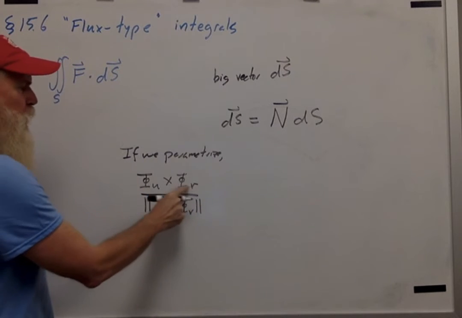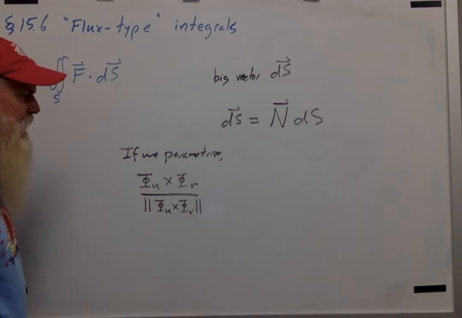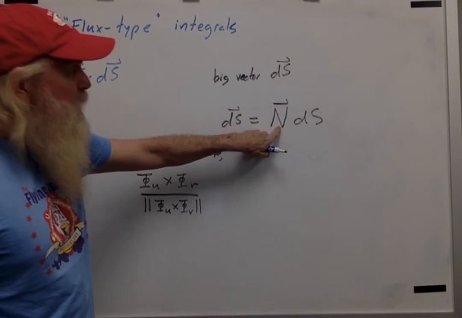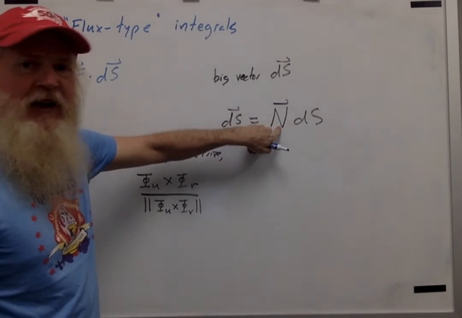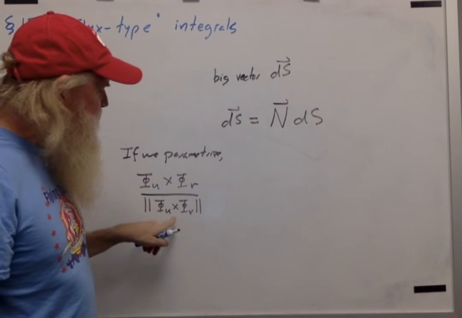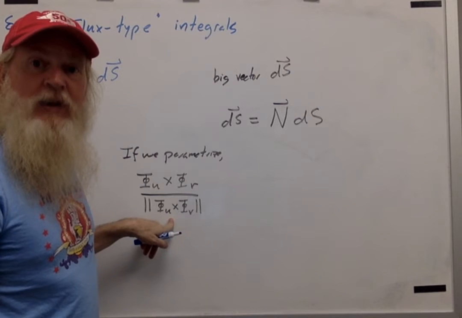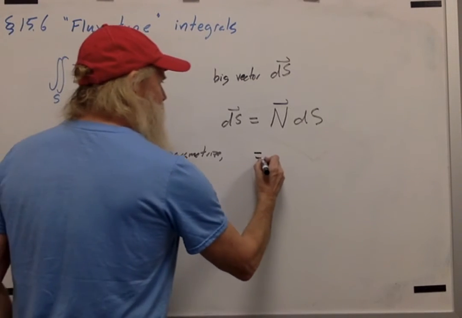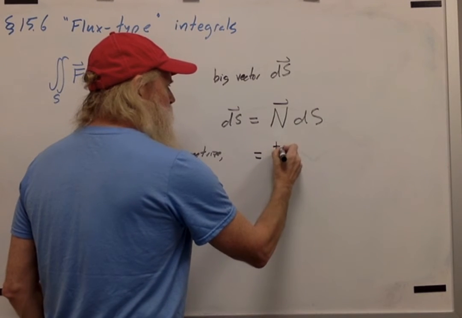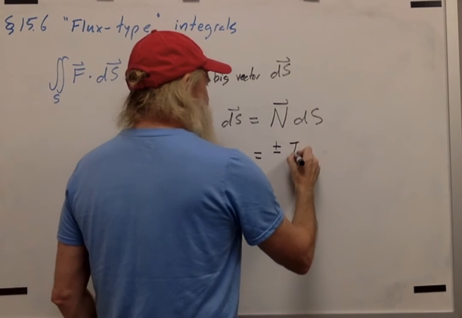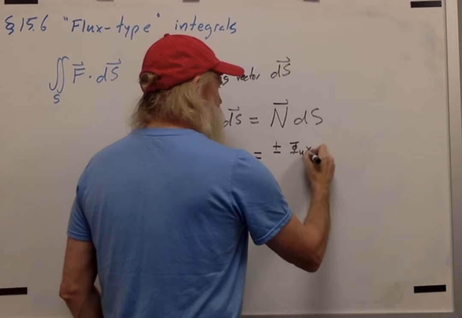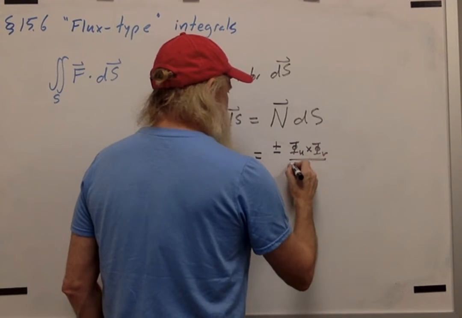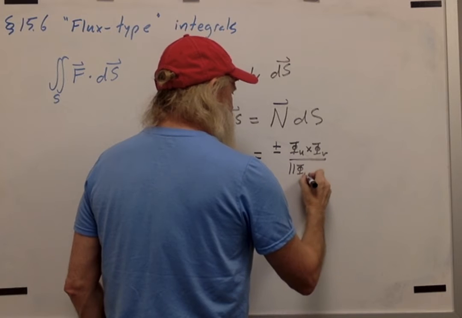So dφ/du crossed with dφ/dv over its length is a normal vector. Now, a normal vector field has been specified in the problem. So this is either equal to that normal or it's equal to its exact opposite. So the vector field n is either plus or minus dφ/du crossed with dφ/dv over the length of that cross product.